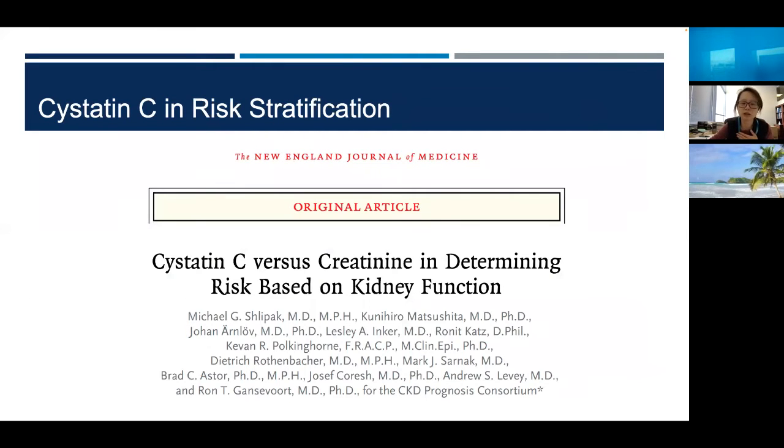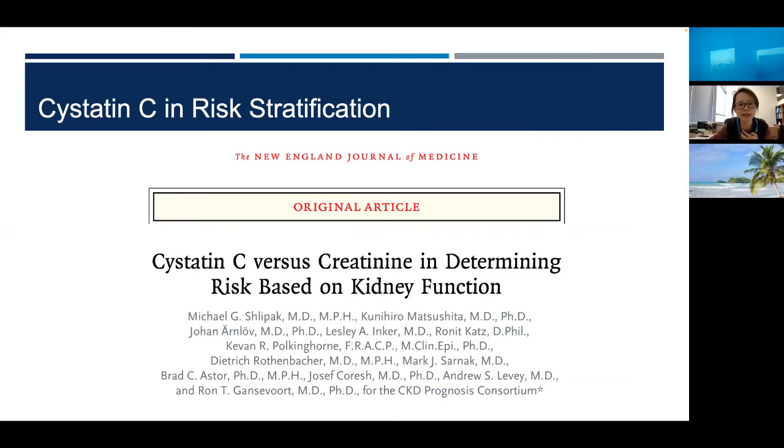Then I want to look at, well, can we use cystatin in risk stratification, right? Remember a few slides before I said eGFR does have implications in determining the risk for mortality and the progression of AKI or CKD. So this is a study published in the New England Journal of Medicine in 2013 by Shlipak and his group.